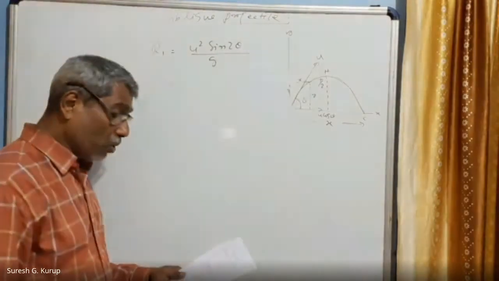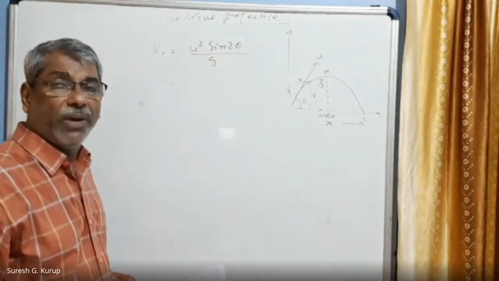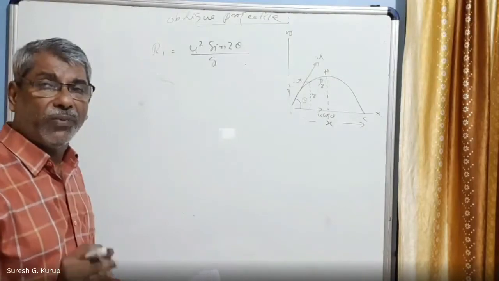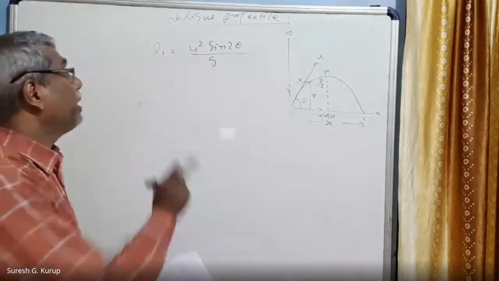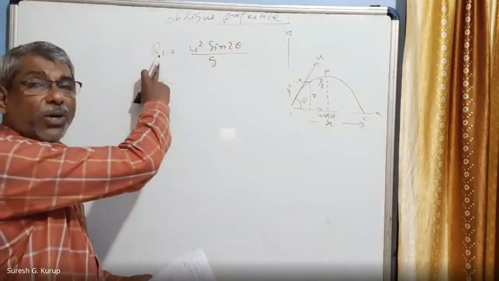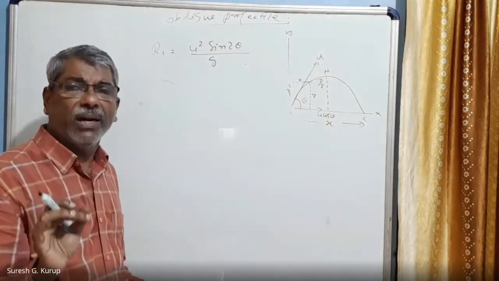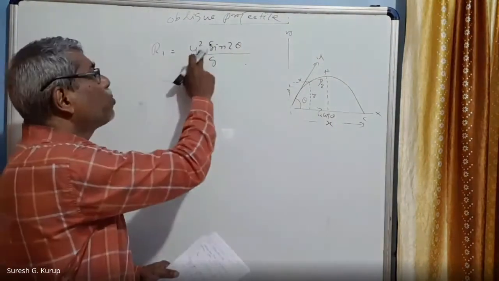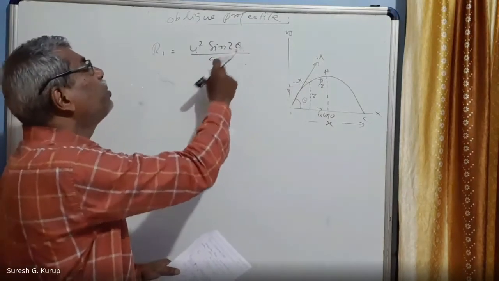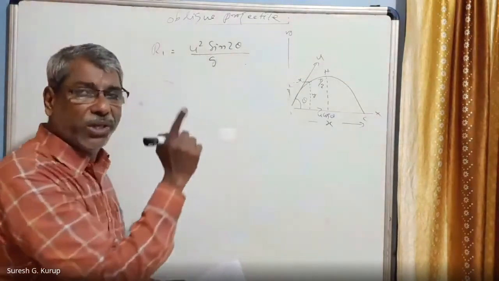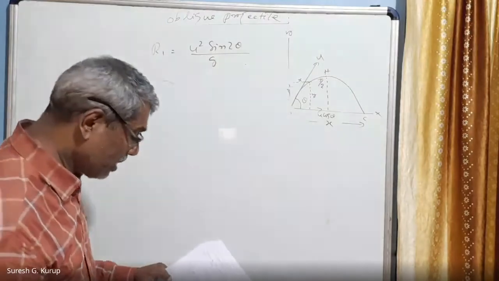We are discussing an oblique projectile with the angle of projection theta. The horizontal range is given by R1 equal to u square sine 2 theta divided by g. This is not sine square but sine 2 theta, right?